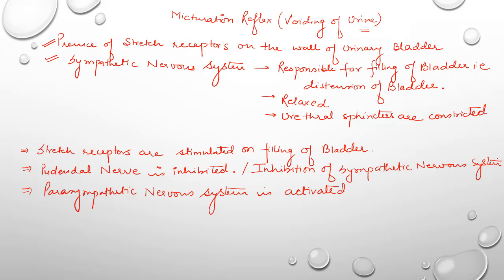The parasympathetic nervous system is activated, bladder is contracted, sphincters are relaxed, and urine passes out of urethra.